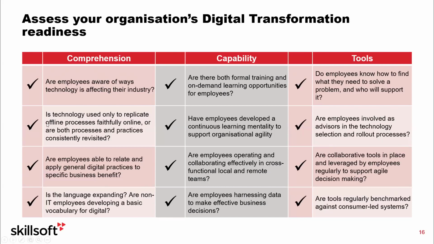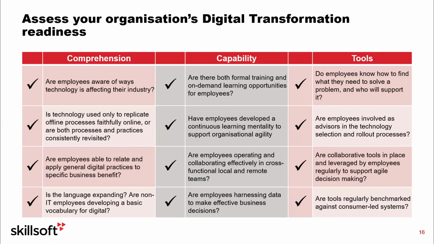The second question here is, is technology used only to replicate offline processes faithfully, or are both processes and practices constantly revisited? And what this is saying is that it's very easy to use technology to just automate existing business processes. And in many respects, that's what computing has done, is they've taken an existing process and they've been able to do it faster with computer support.